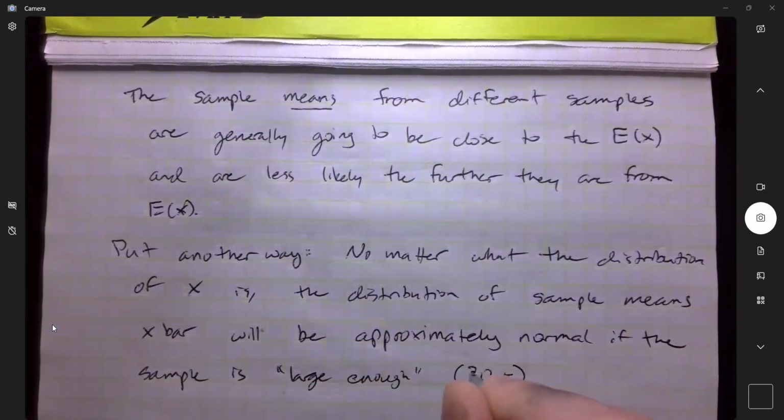Usually that means 30 plus. There are a couple cases where even less than 30 is okay.